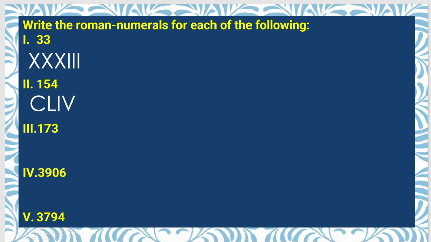Then again 7. 173. 1 is for C. Then 7, 50, 60, 70. Add one by one, so that it will make it easy for you to do the Roman numbers.